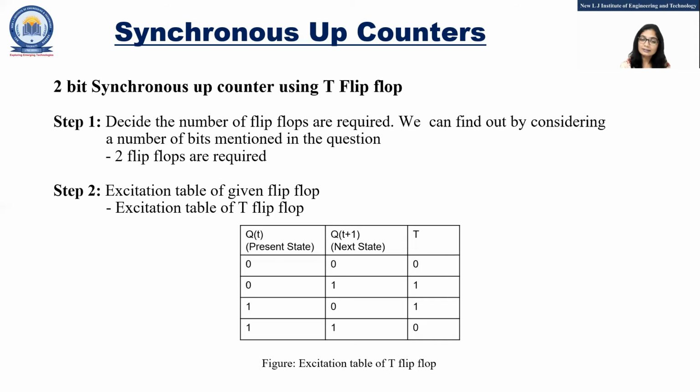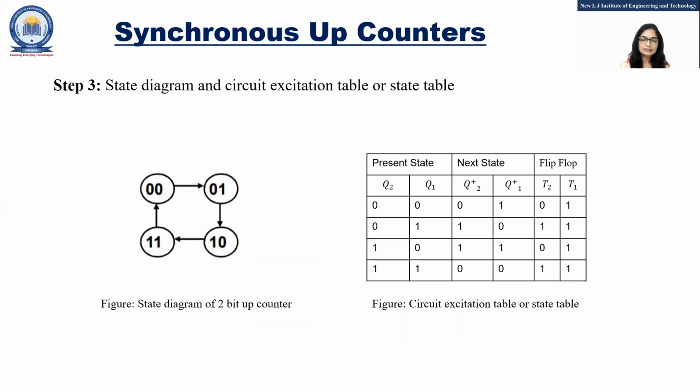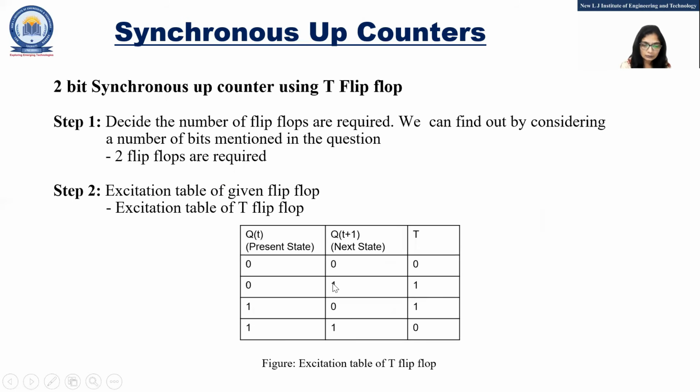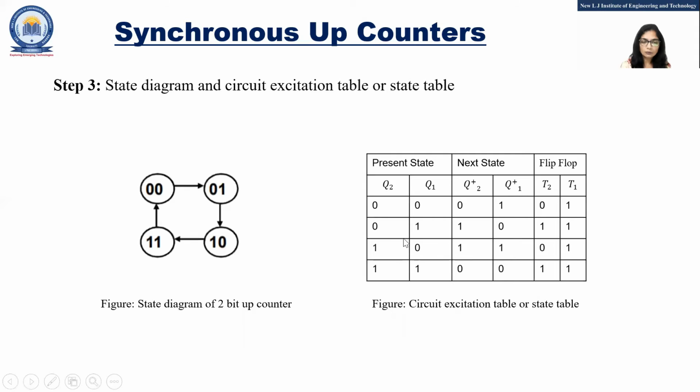Suppose Q2 present state is 0, Q2 plus next state is 1. So for 0 1, T will be 1. Here T2. That's why Q2, Q2 plus and T2.